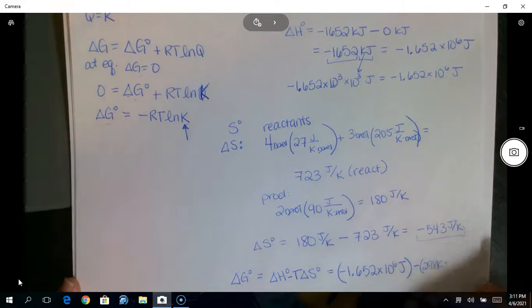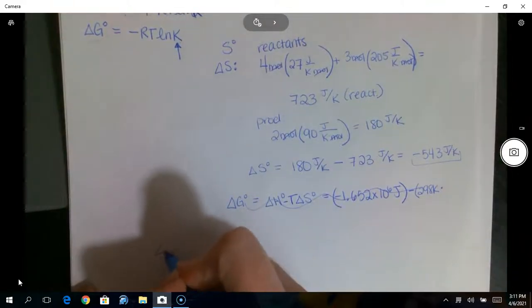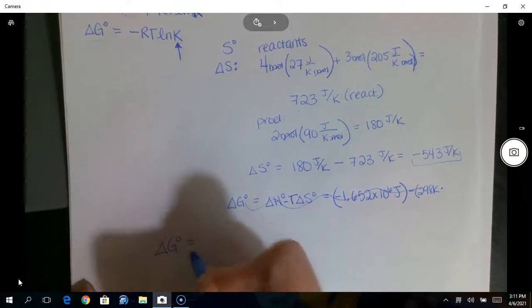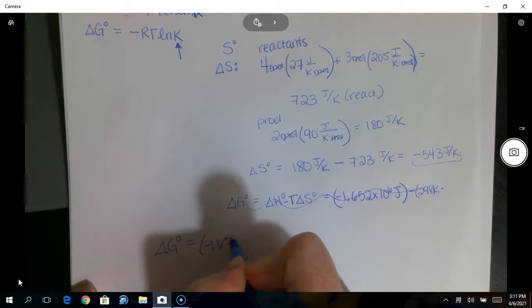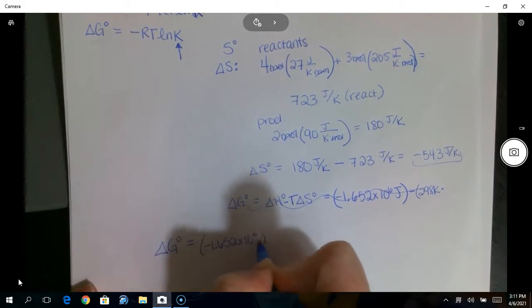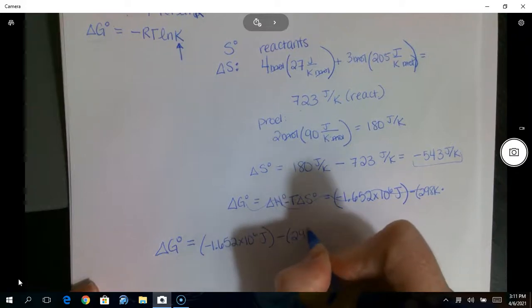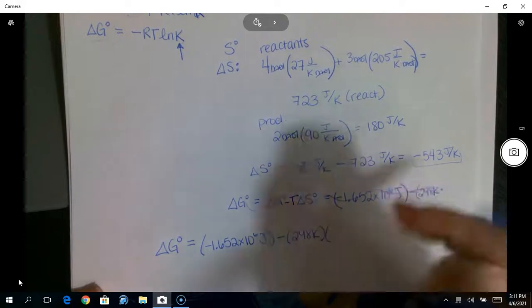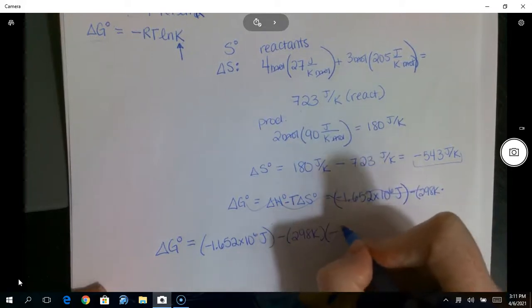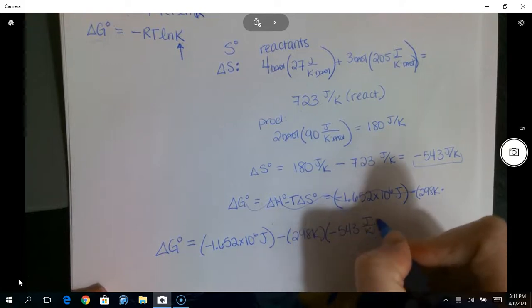I'm going to rewrite this so I have a little more room. So I had negative 1.652 times 10 to the 6th joules minus my temperature, 298 kelvins, times, now I have my standard change in entropy, which is negative 543 joules per Kelvin.